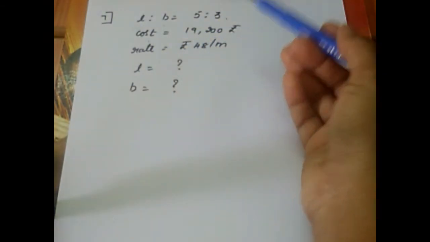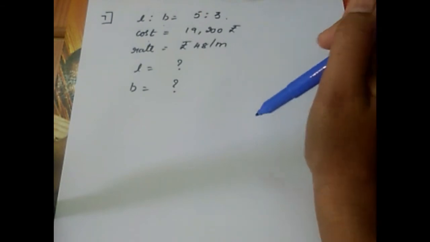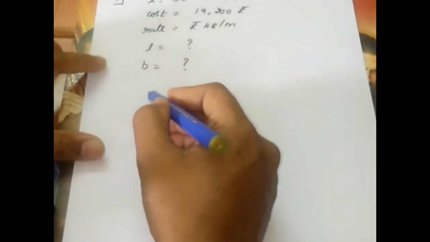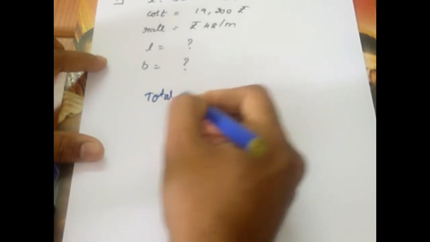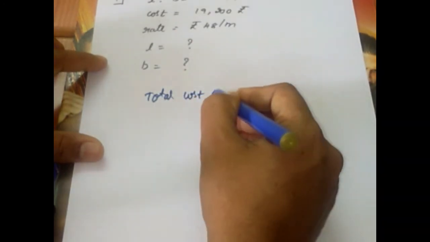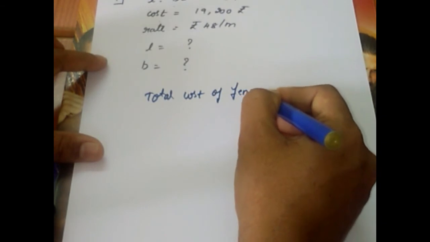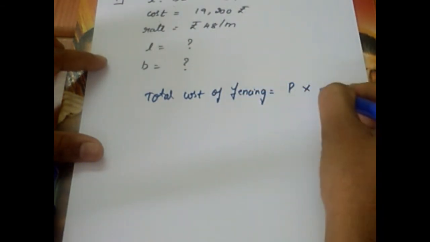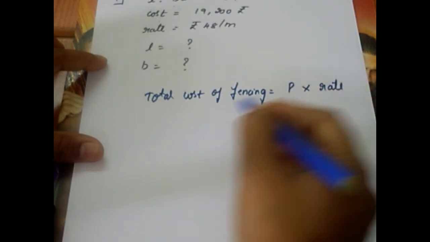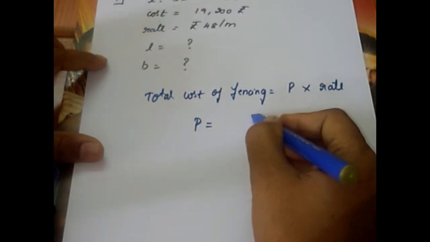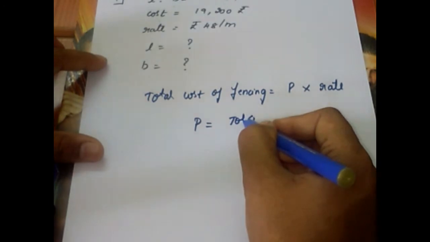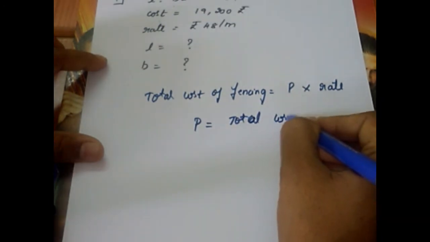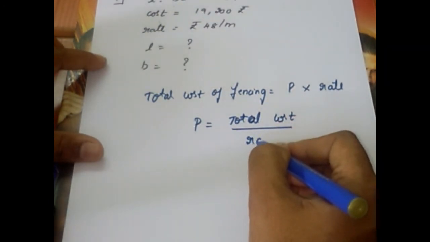Now we need to have a reverse process. That means to say, we know that total cost of fencing can be calculated by perimeter into rate. Now perimeter can be equal to total cost by rate.